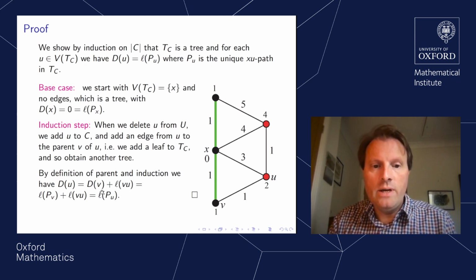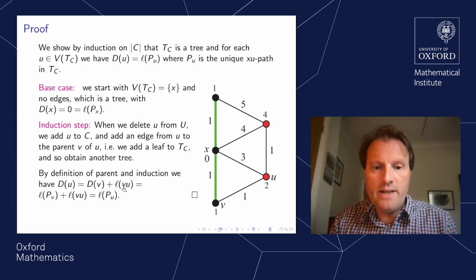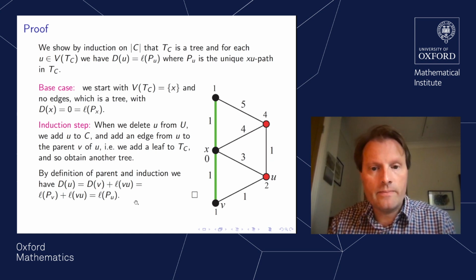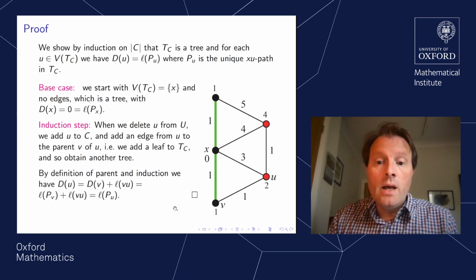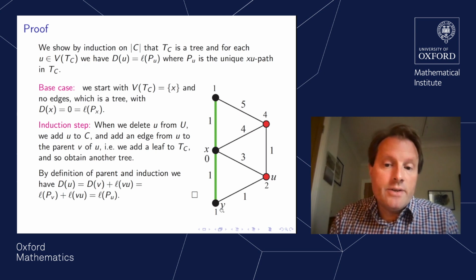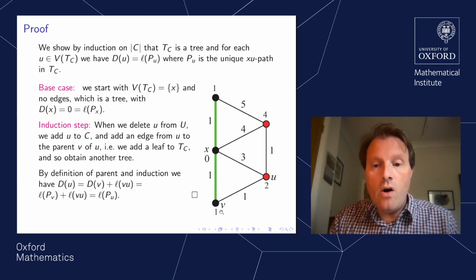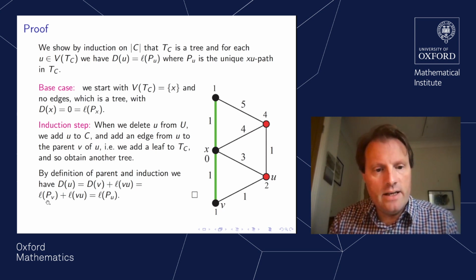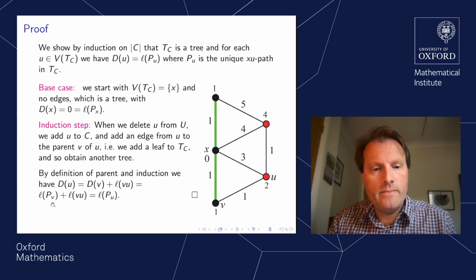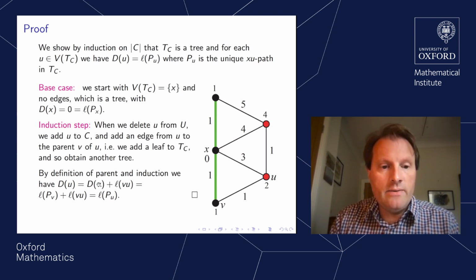So D of U is equal to D of V plus L of VU for V, the parent of U. V lies inside C, and so by the inductive hypothesis, D of V is equal to the length of the unique path in the tree joining V to X, i.e. P of V. So D of V is L of PV.